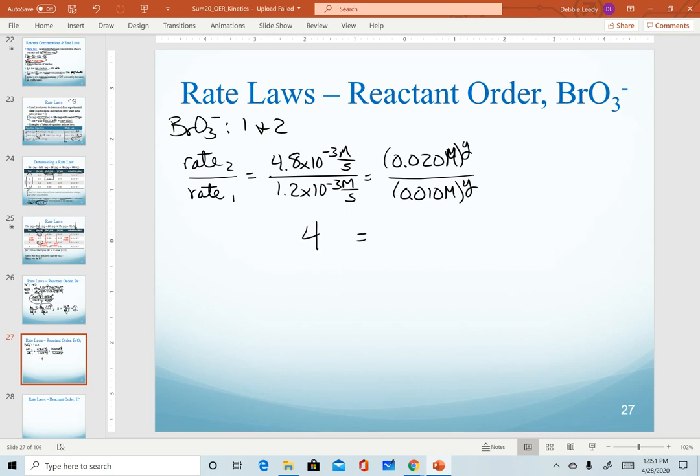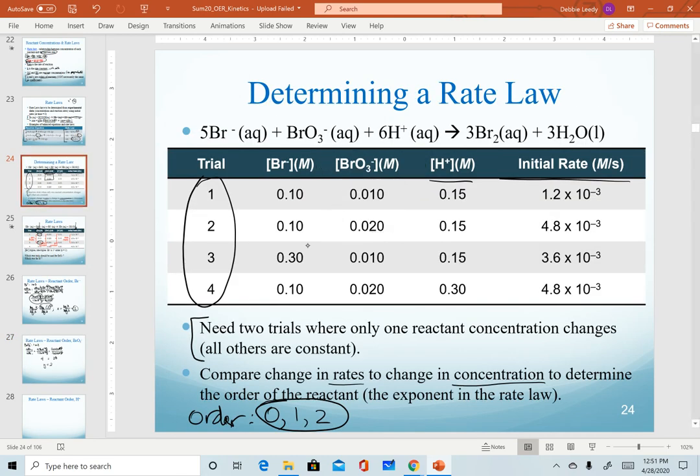When we simplify everything down, we get this equation. And again, if you don't see it right away, when you use your rule of logs, you will determine that y equals a value of 2. And then one last pass, we need to find 2 trials where hydrogen is changing and the other 2 are not.